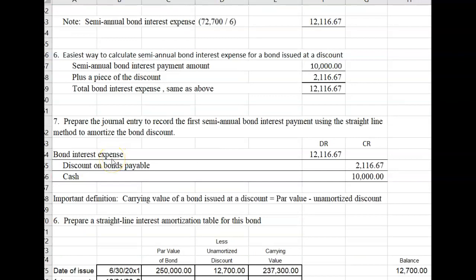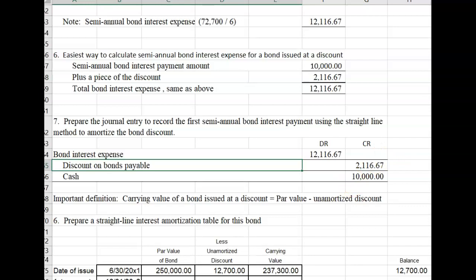Each of the 6 times we make a bond interest payment of $10,000 to our bondholders during the life of the bond, we're going to make this very same journal entry, which means that the amount in the discount on bonds payable account is going to get smaller and smaller until it gets down to 0 by the time we finish our payments for the bond interest.